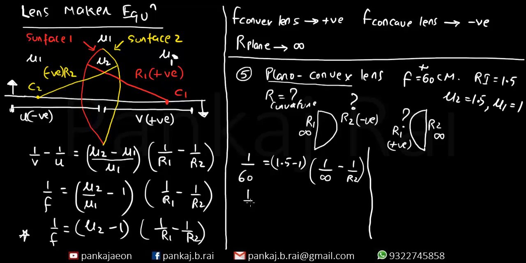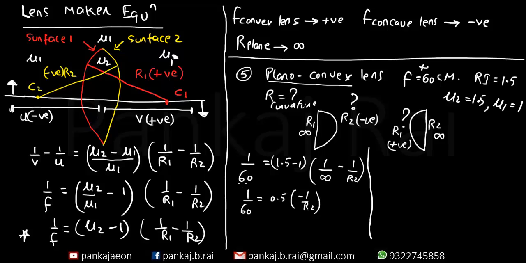Now moving ahead, it is 1 by 60, and this is 1.5 minus 1, which will be 0.5, and 1 by infinity, we all know, is 0, and 0 minus 1 by r2 will be minus 1 by r2.